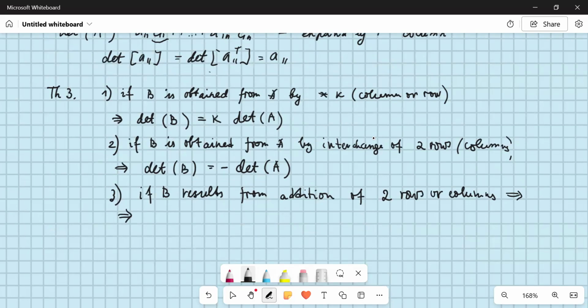Well, for that operation, determinant is not going to change. Determinant of B is going to be equal to determinant of A. So this is the safest operation, does nothing to determinant.